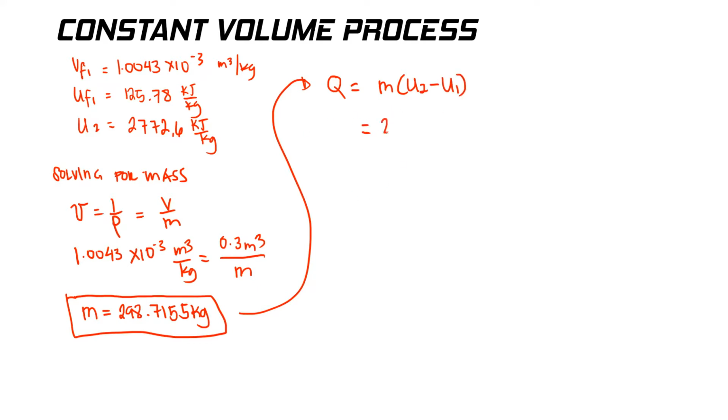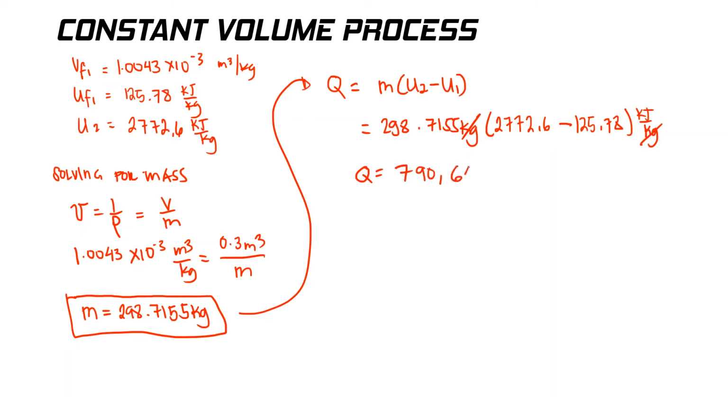Our mass is 298.7155 kilograms multiplied by U2, which is 2,772.6, minus U1 of 125.78 kilojoules per kilogram. Canceling the kilogram, we can now solve for Q, which is 790,646.22 kilojoules.